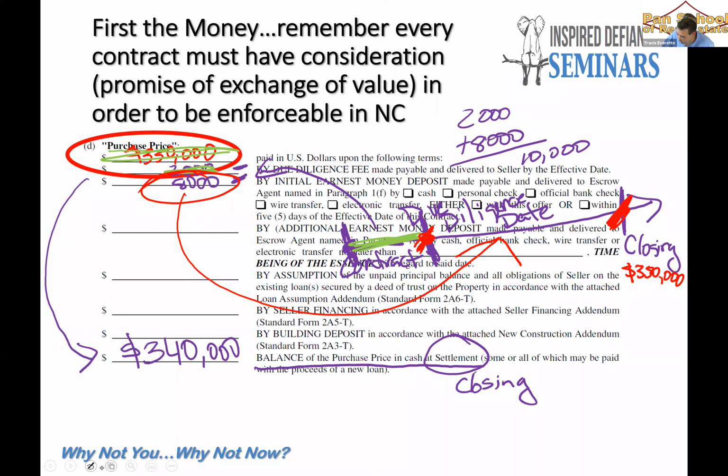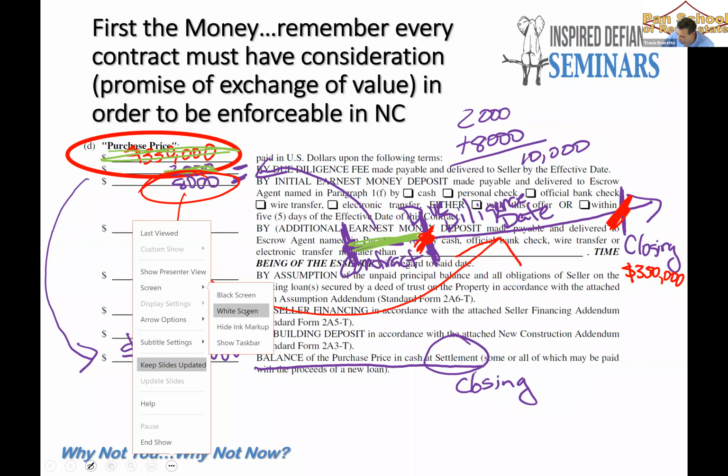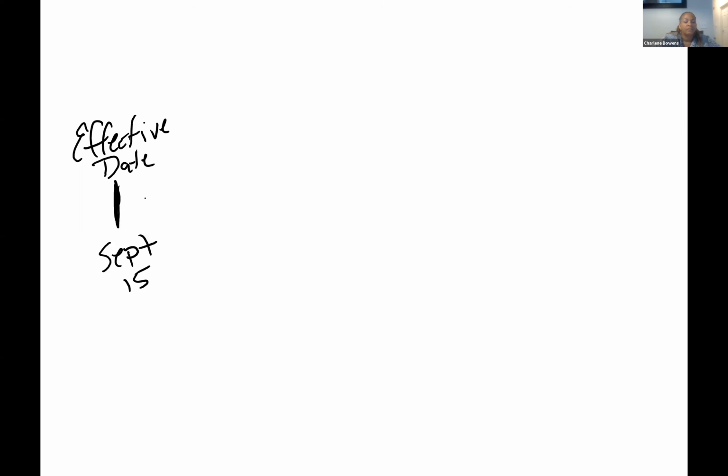So let's give a hypothetical here. Let's go to a blank screen and give a hypothetical situation. Let's say we've got a contract, and the contract date is today, September 15th, our effective day. That's the day we go under contract. Now, here are the facts of the contract.